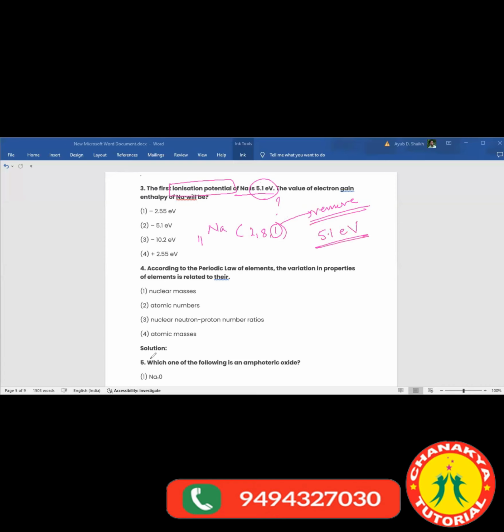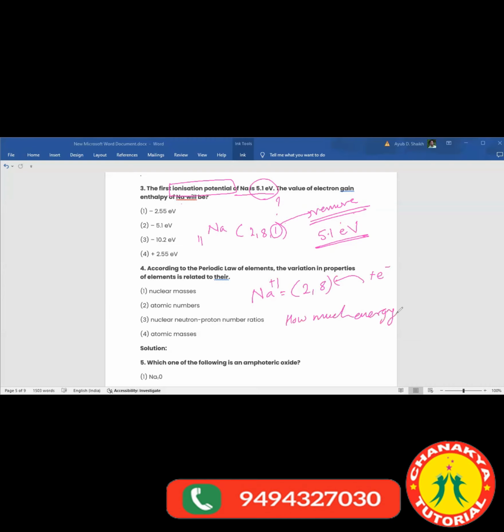Correct? Yes or no? So what they said, the value of electron gain enthalpy for sodium will be, means once you have removed this electron, how much energy will you require? It becomes Na plus when you remove one electron, and its electronic configuration will become 2, 8. Right? If you have to add one electron to this, how much energy will you require?